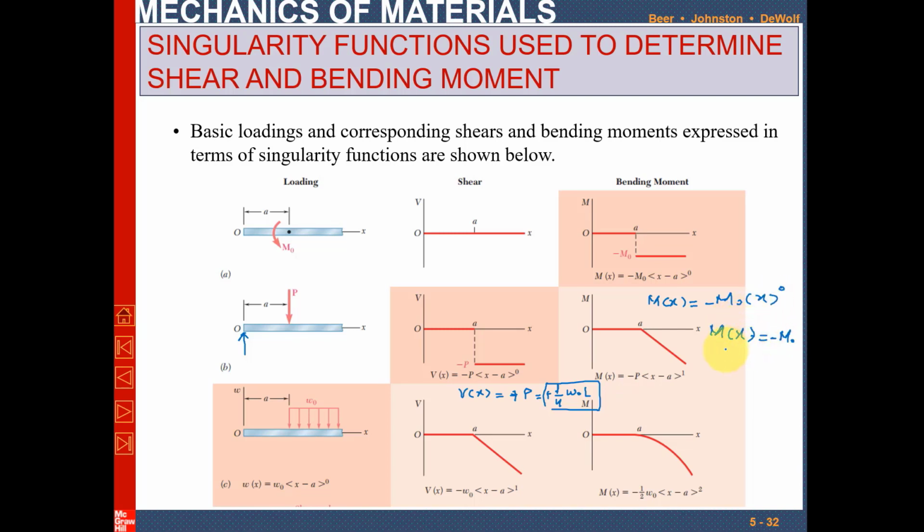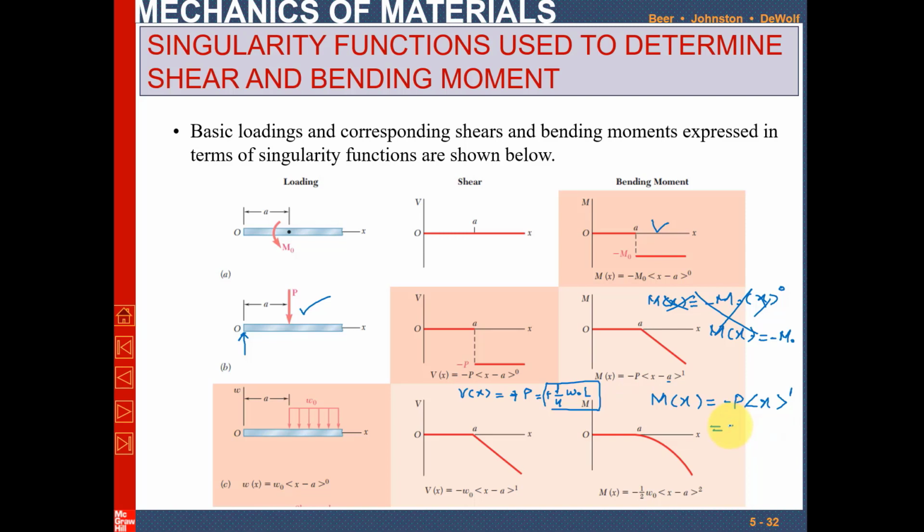Clear? And this m naught will be again, sorry, I have used this, not this, you have to use this equation, because the bending moment for the concentrated load is minus px, so do not consider this. So a is equal to 0, so m of x will be equal to minus p into x power 1, and x power 1 will be x.